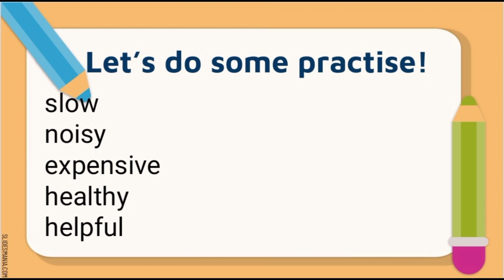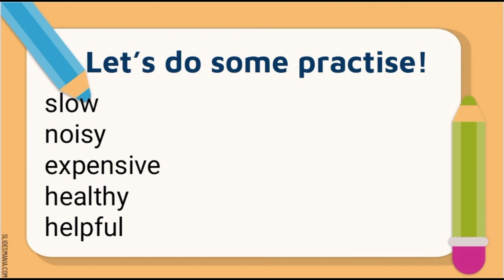If two syllables ending in Y, then drop the Y and add IER and IEST. If two syllables without Y, you add more and most. If three or more syllables, then use more and the most too.